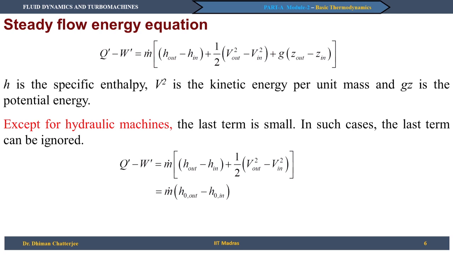I am introducing a new term here, which is H 0. You can easily understand H 0 is nothing but H plus half V square, which means H 0 out is nothing but H out plus half V out square, and H 0 in is nothing but H in plus half V in square. This H 0 is called the stagnation enthalpy.